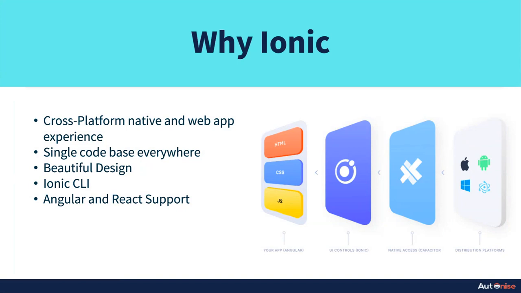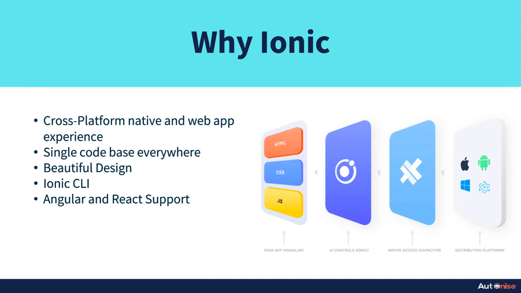So earlier, there used to be different developers for different types of OS. There were people who used to make apps just for Apple, for iOS. These were iOS developers. And there were people who used to build applications for Android. They were Android developers.